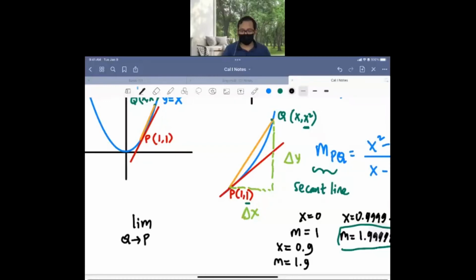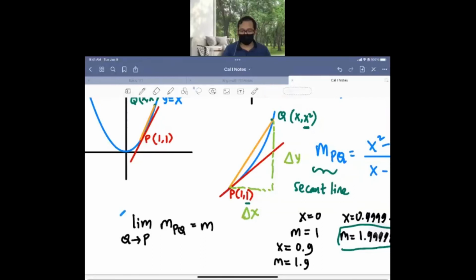Okay? So Q can be from the right, from 2 getting to 1, or from the left, from 0 to 1, of the m of PQ is our original m.